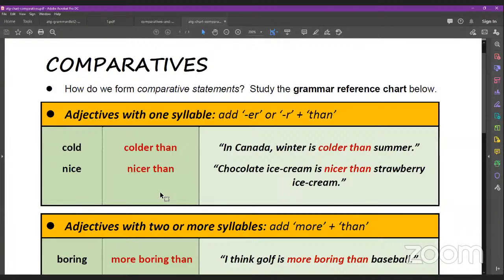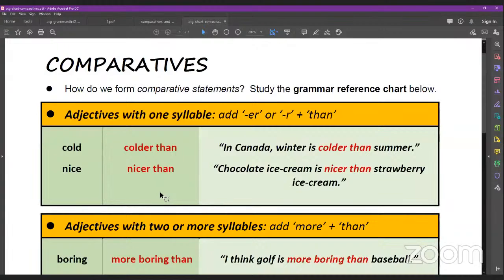Over here we have some spelling rules, how to switch adjectives from positive to comparative form. As you know, in the comparative, we're going to need the suffix er and the word more. The suffix er is needed when we switch from positive to comparative form.